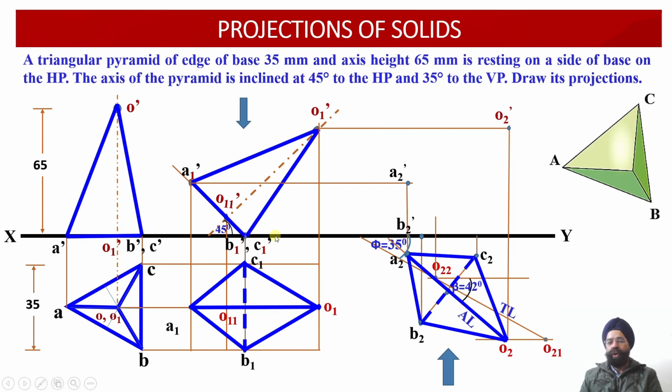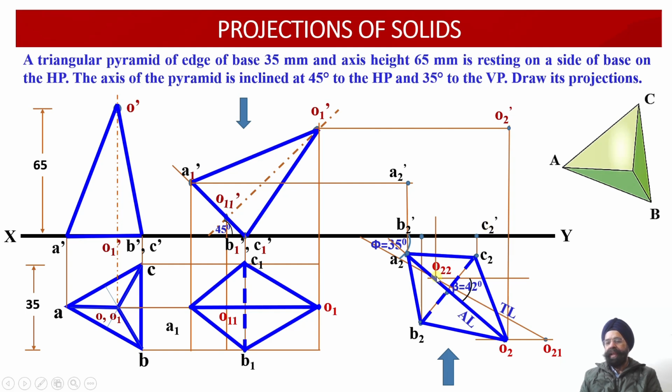As we draw a horizontal construction line from B1 dash, wherever it intersects the vertical projector drawn through the point B2, this intersection point gives us the location of point B2 dash. Similarly, the vertical projector through C2 intersects the horizontal projector drawn through the point C1 dash, and this point of intersection gives us the location of the point C2 dash.